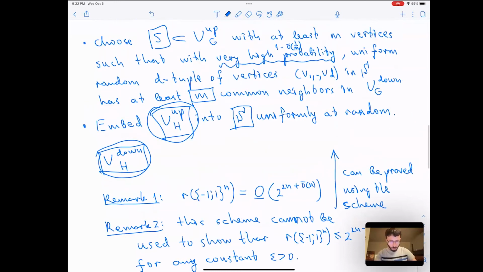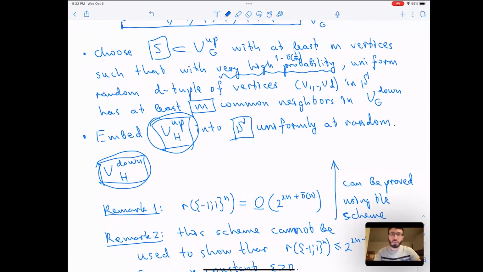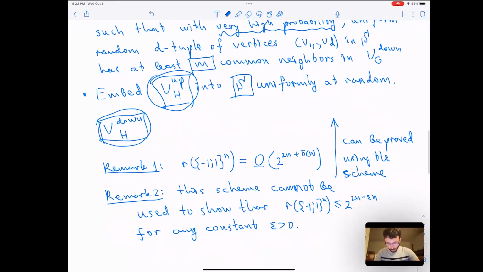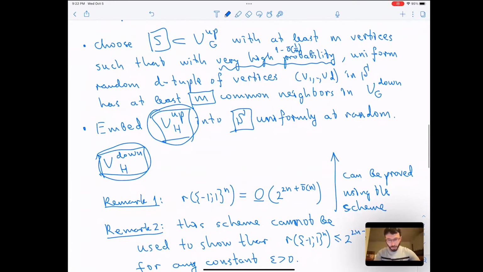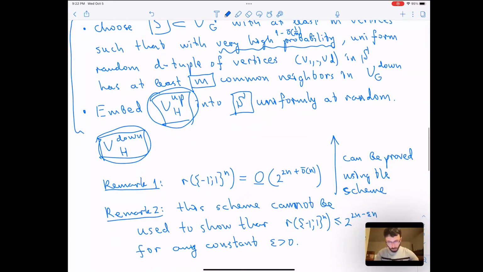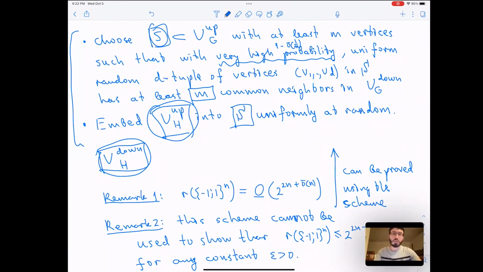So this scheme just breaks for a specific graph G. It cannot produce a good embedding via this process, no matter how the set S is constructed.